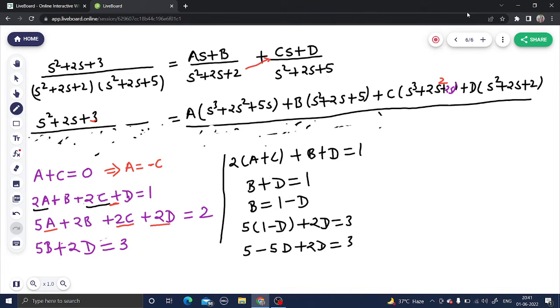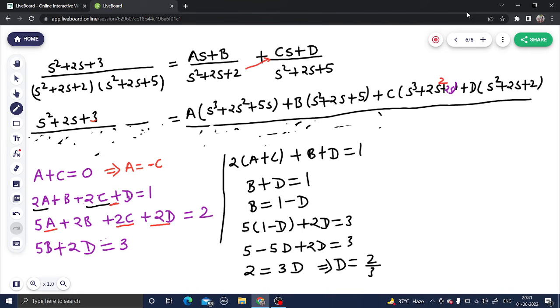So we are getting 2 equals 3d, if you send minus 3d this side and 3 that side. So you are getting d as 2 by 3.